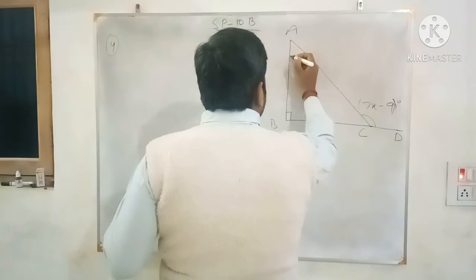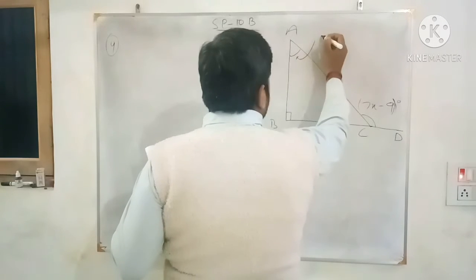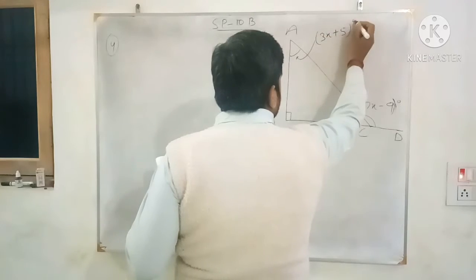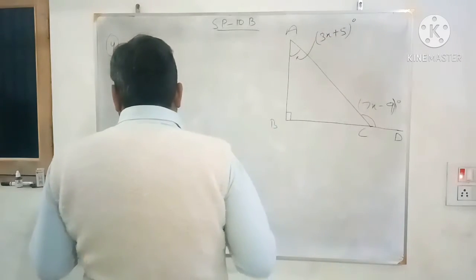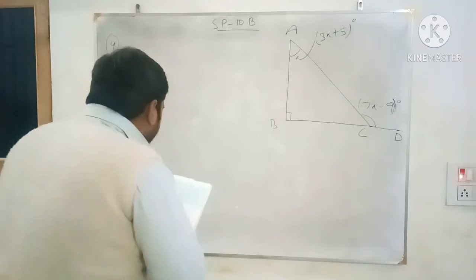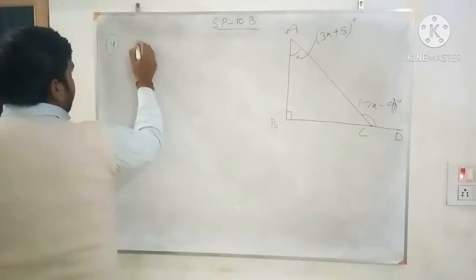And angle A is given, this angle is given 3x plus 5 degree. And we have to find angle ACD.